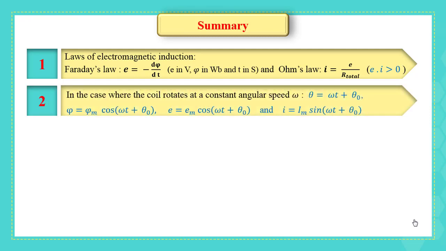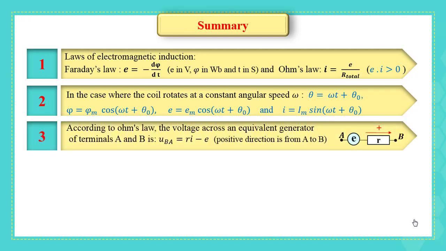In the case where the coil rotates at a constant angular speed ω, θ equals ωt + θ0, φ equals φm cos(ωt + θ0), E equals Em sin(ωt + θ0), and I equals Im sin(ωt + θ0).